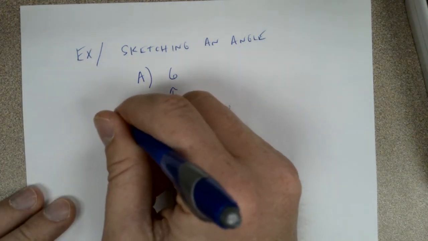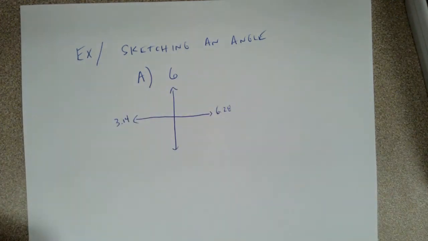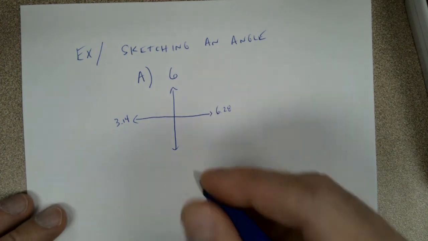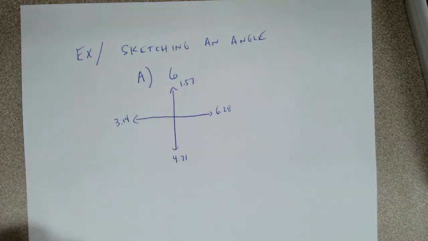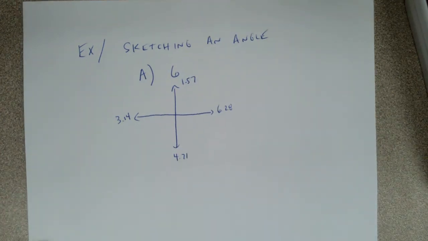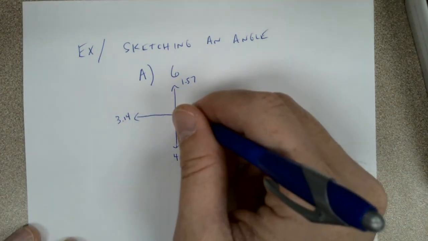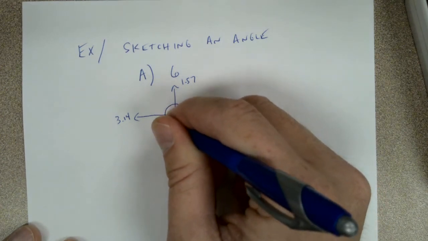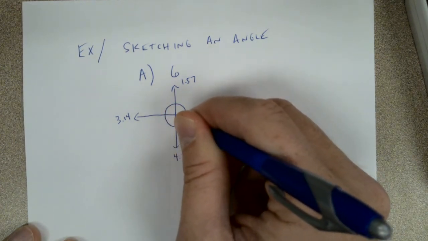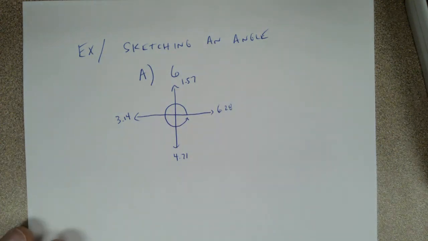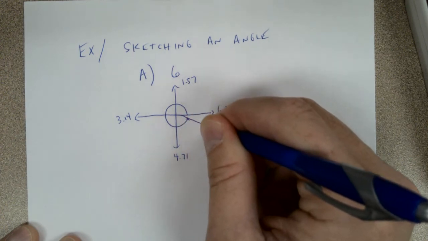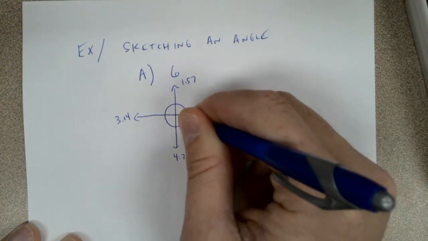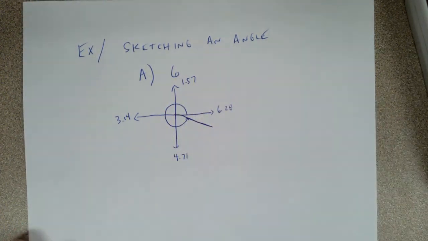Here we're at 3.14, and here we're at 4.71, 1.57. So 6, I'm going to start here. I'm going to go all the way around. So if I'm sketching that angle, I'd say it's a pretty good guesstimate there for that one.